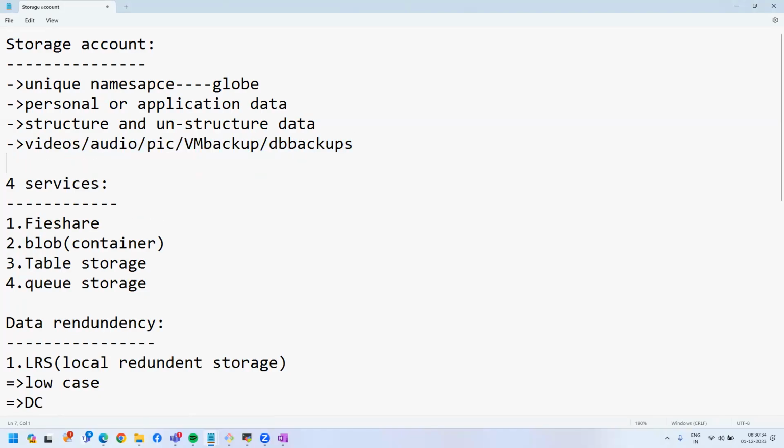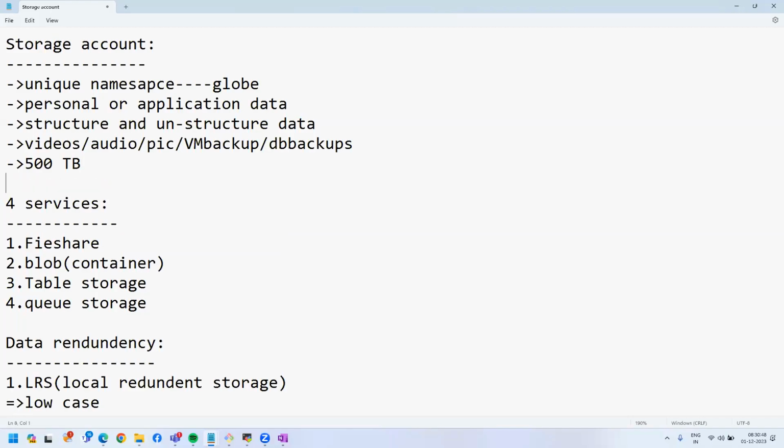In one storage account you can store 500 TB of data by default. You can go for petabytes of data; based on the subscription, they will allocate the space if you need more.